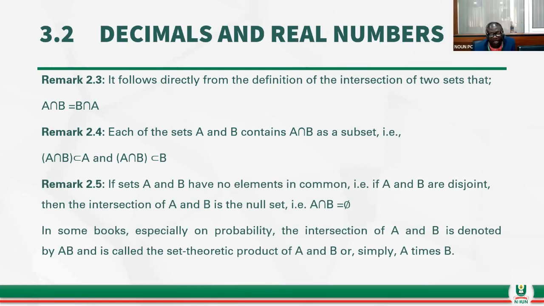The second remark, A intersection B is a subset of A. True or false? A intersection B is contained in A. Do you agree? A intersection B is also contained in B.